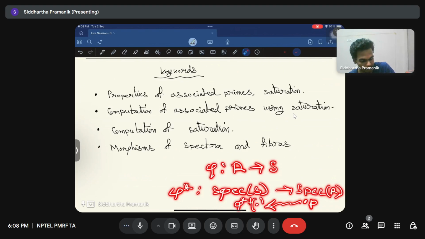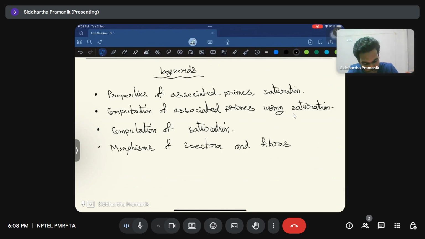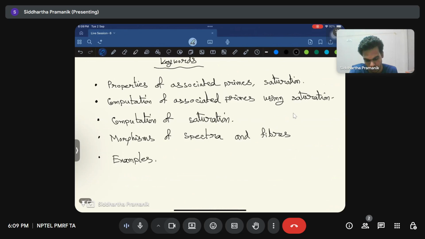This inverse image is called the fiber of phi over P. So that is what we were studying in the last two lectures of week 6. So this is about fibers. Then we have also seen a bunch of examples in which we have calculated the fibers. So these are the main topics of week 6.